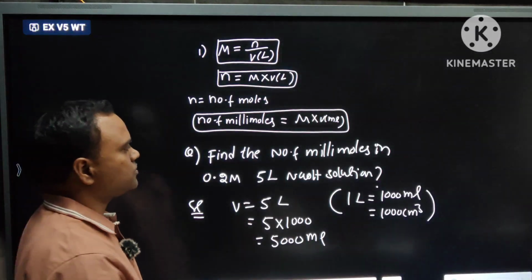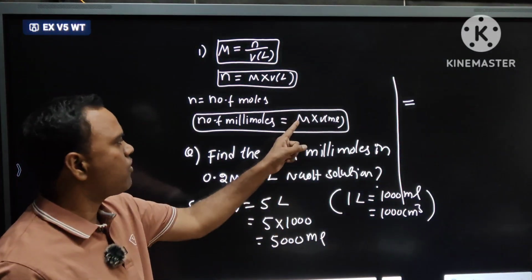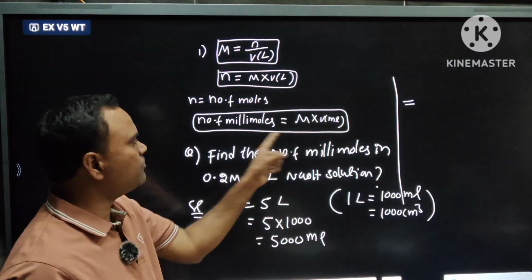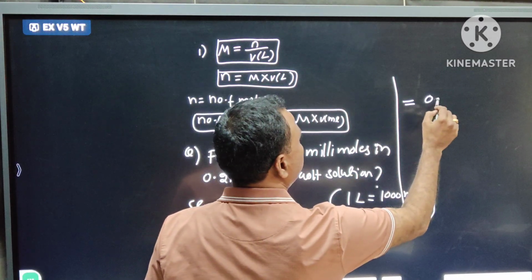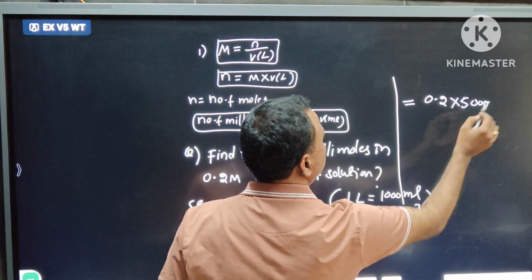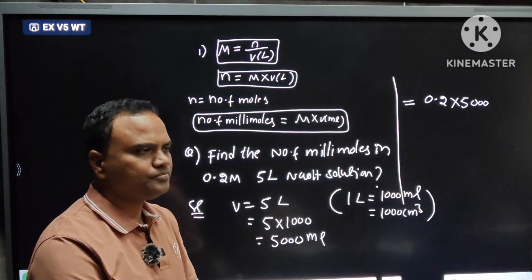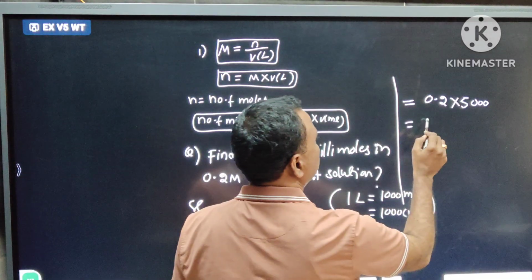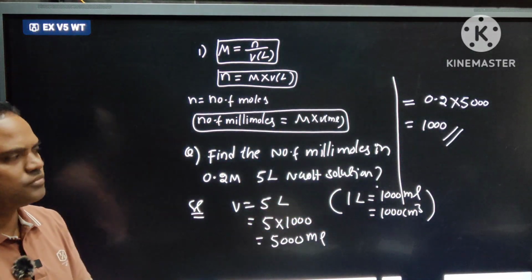Okay, right. Substitute in the formula, molarity into volume in ml. Number of millimoles: molarity, how much is given to you? 0.2 into volume, 5000 ml. Then how much will we get? 1000 millimoles are present.